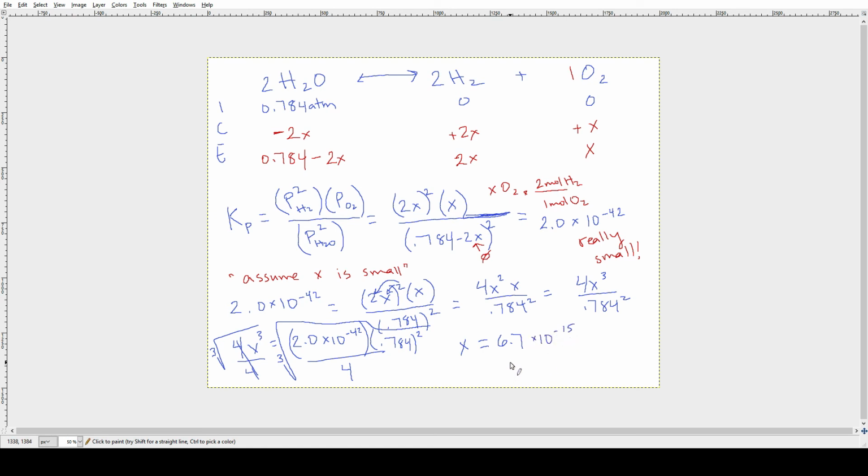So we wanted to know, what was this asking for? The partial pressures of each species. So let me grab a different color here, green. So my oxygen partial pressure is 6.7 times 10 to the negative 15 atmospheres.